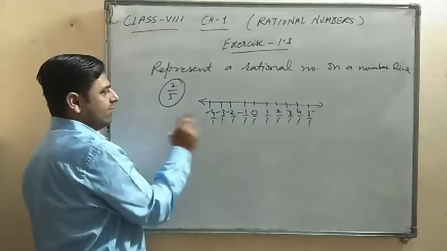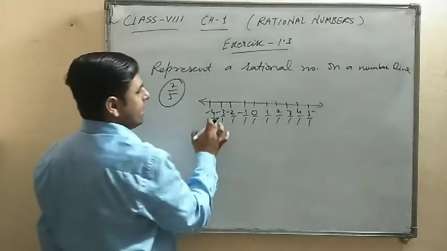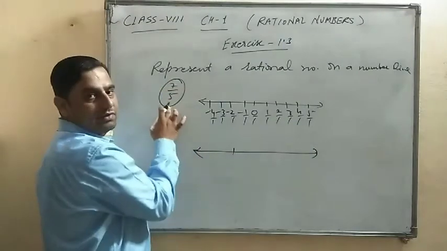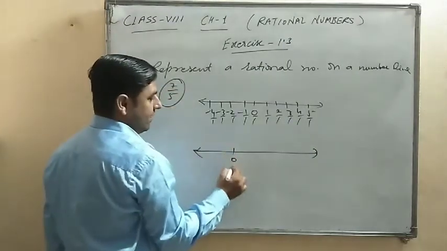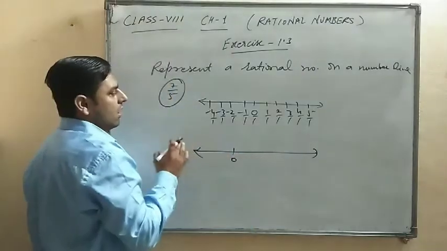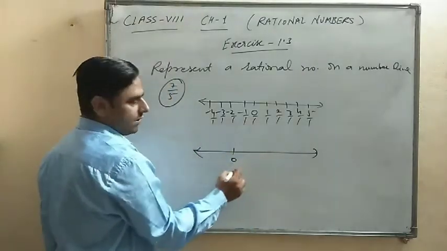So now if we make the denominator 5, this is a positive number, so it will be on the right side of 0.